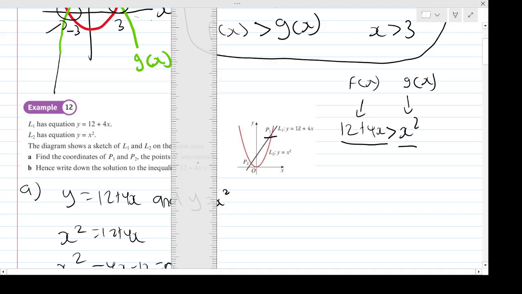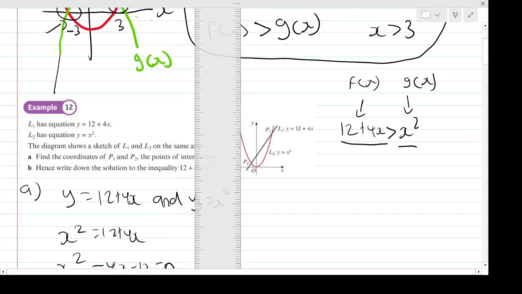They're on the graph for us. So when 12 plus 4x is greater than x squared, that's saying the line L1 has to be above x squared.